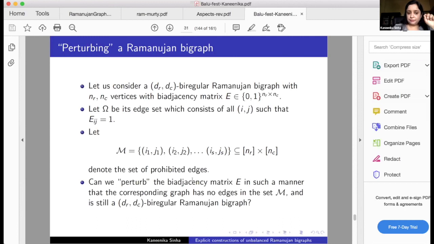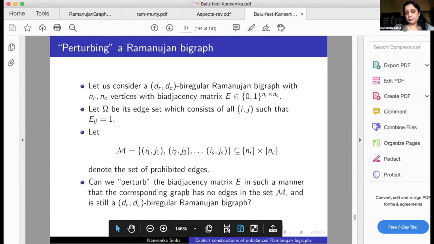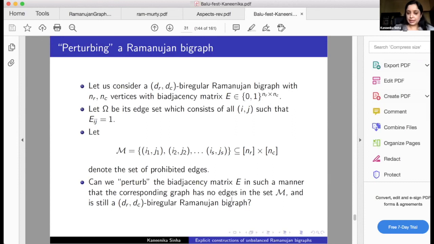What we are asking is whether we can perturb the biadjacency matrix E in such a manner that the corresponding graph does not have any edges from the set M, which you have already fixed, and it is still a DR, DC biregular Ramanujan bigraph. So even after perturbation, it retains not only the bipartite property, but also the Ramanujan property.